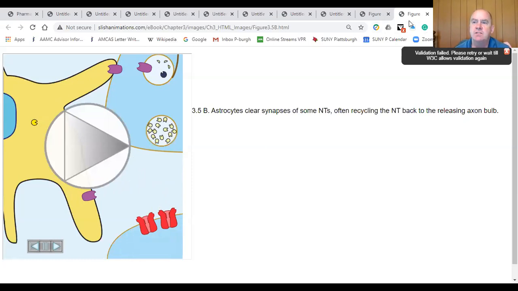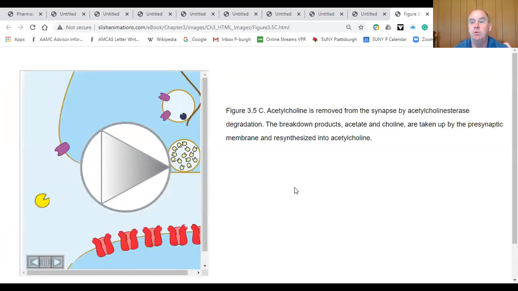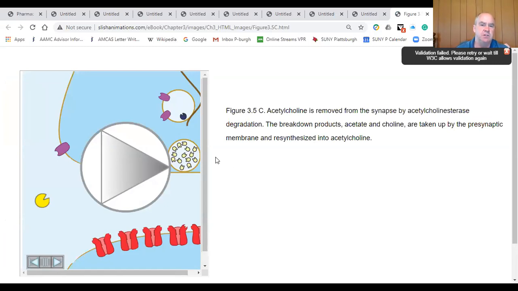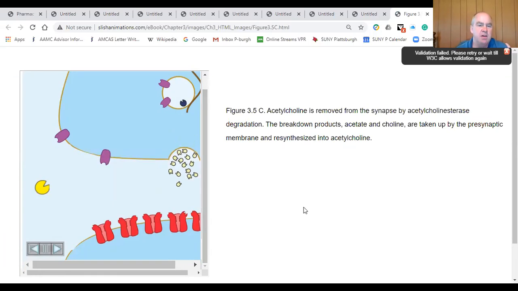And then the last type is only acetylcholine. So acetylcholine we'll see in the brain in two different forms, one activating muscarinic receptors and one activating nicotinic receptors. Two different acetylcholine receptors, they're very different. But in both cases, the transmission is ended by the enzyme acetylcholinesterase, this yellow Pac-Man over here.